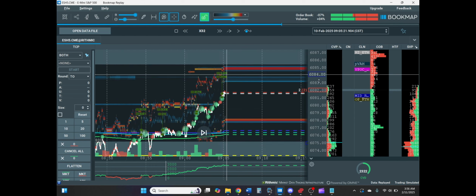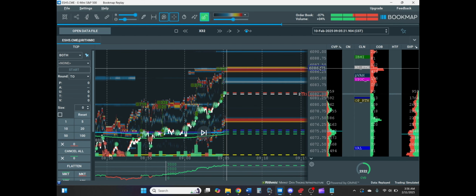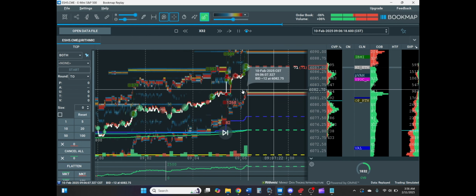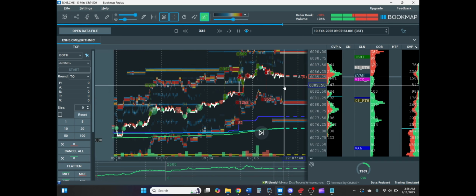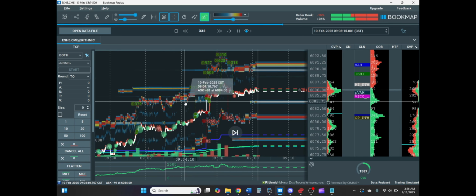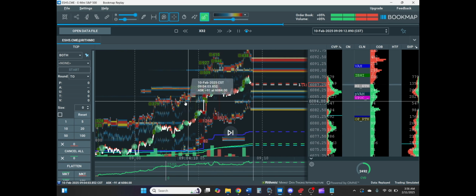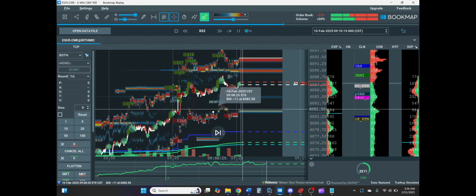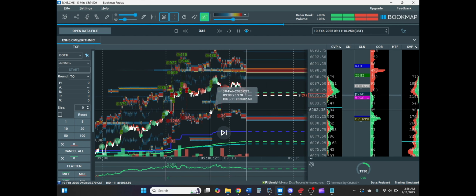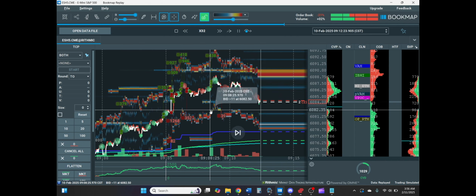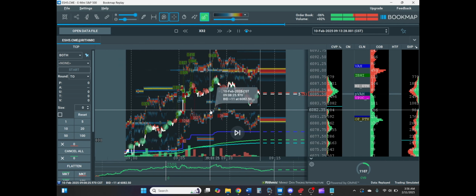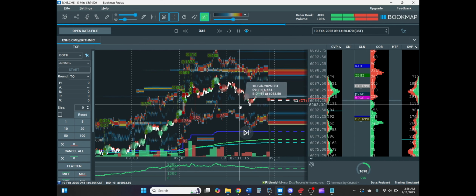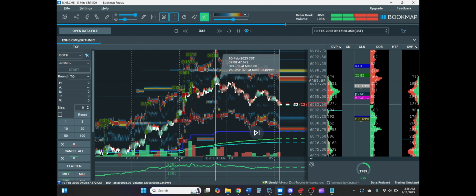So now we're looking for the high. That'd be the next target if you're in that long. And target was reached right there.